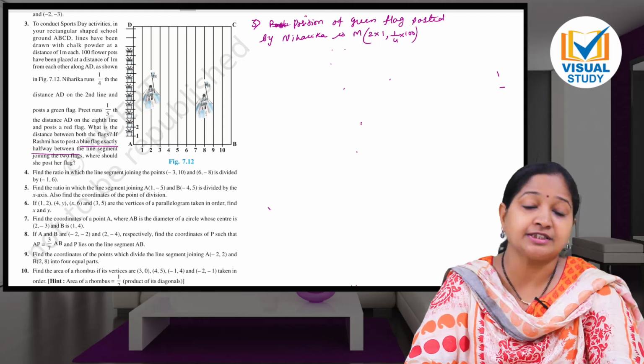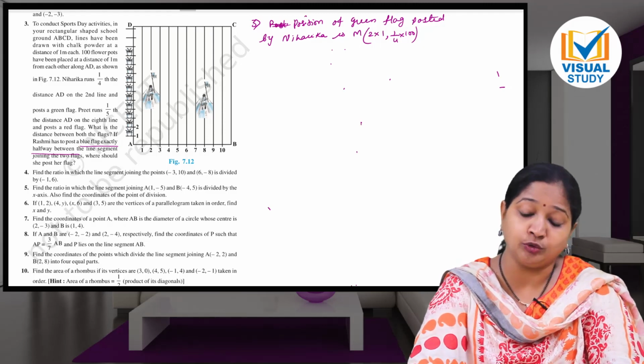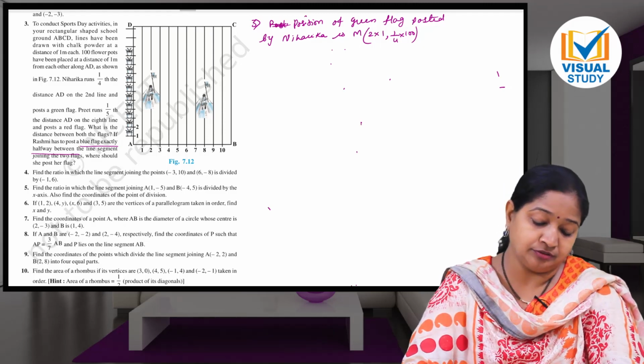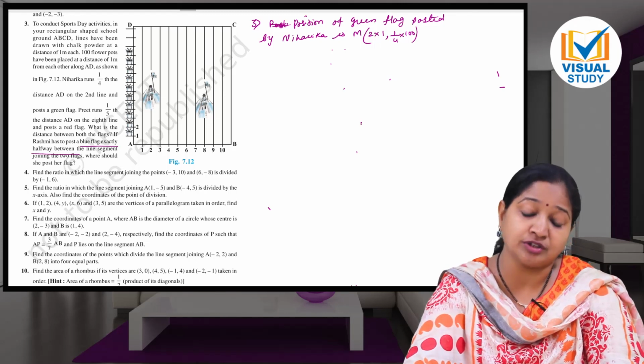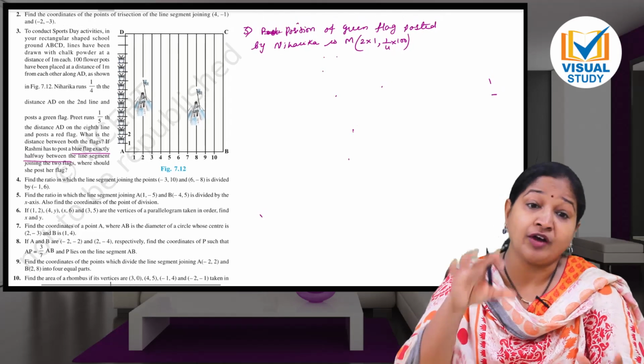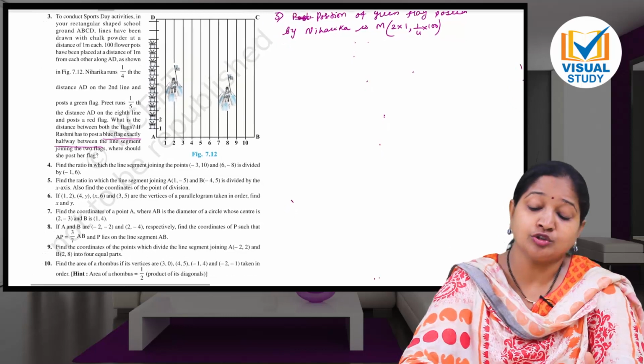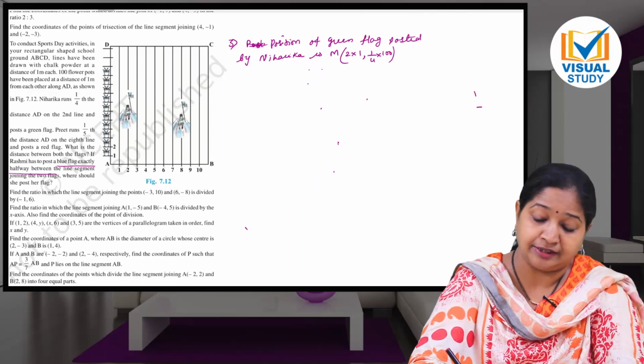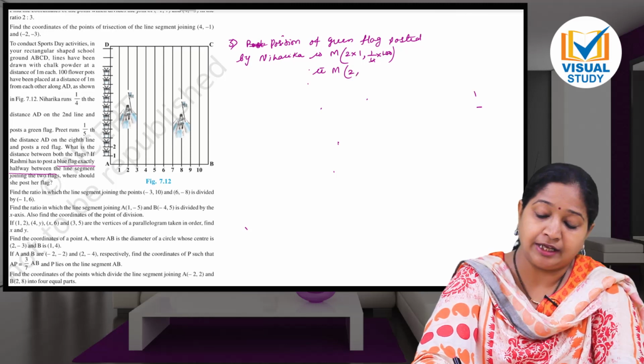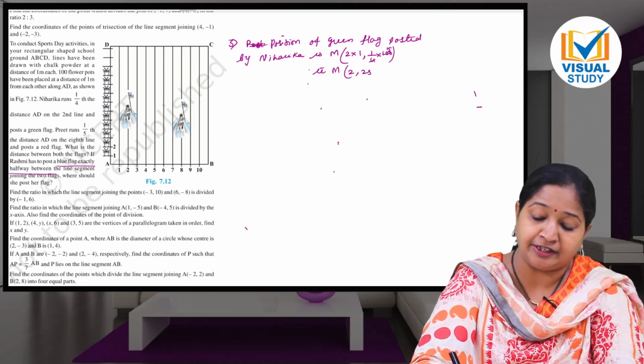Runs 1/4 of the distance AD. So I have written it 2 into 1 and on the second line. So she is on the second line and 1/4 of 100. So 1 upon 4 into 100. That is, you will get the M point. M point is 2 and you get it here 2 and 25.